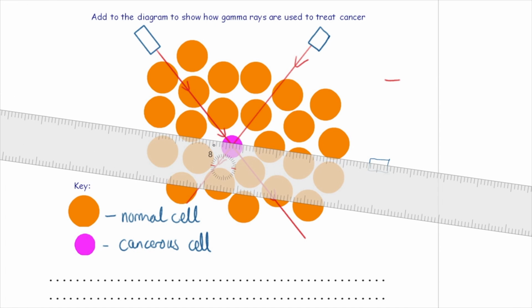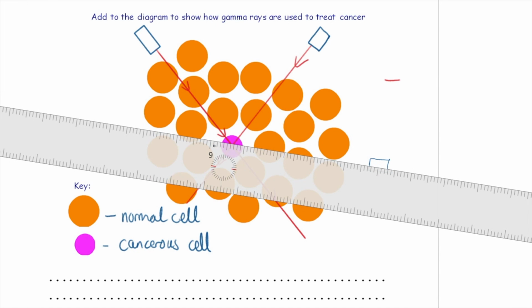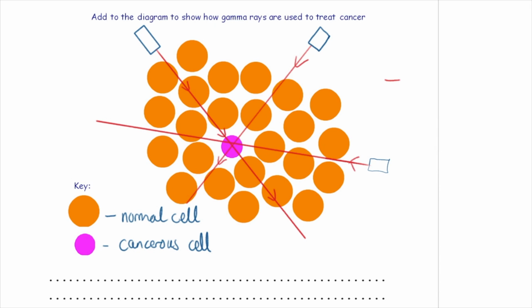So the cancerous cell can be hit by gamma rays from different angles. So you can see what's happening here. We want to kill off that cancerous cell, but other normal cells will get damaged at the same time.